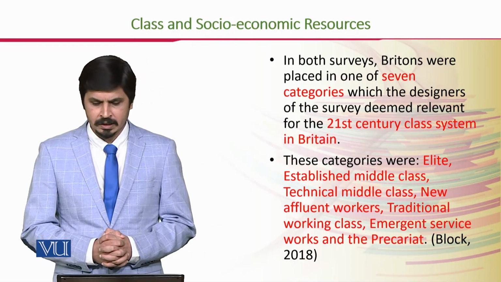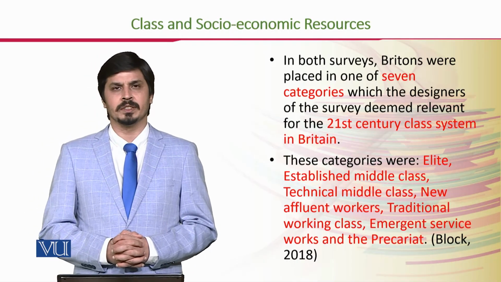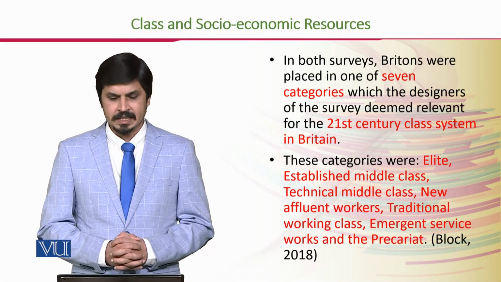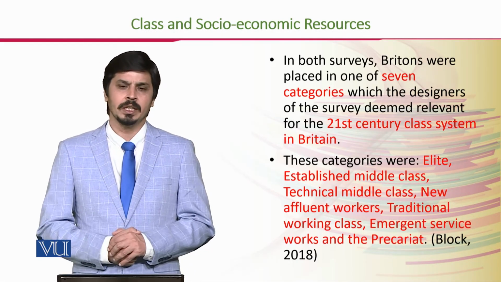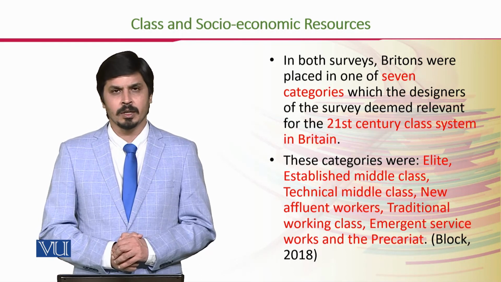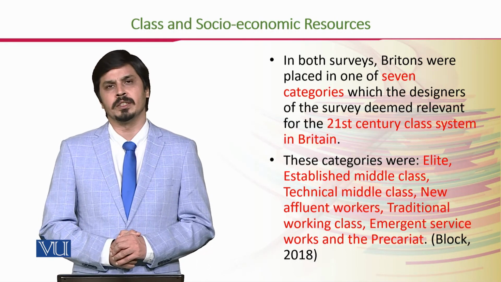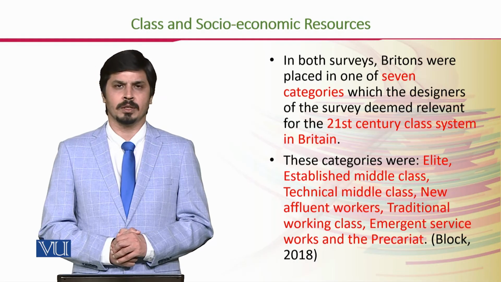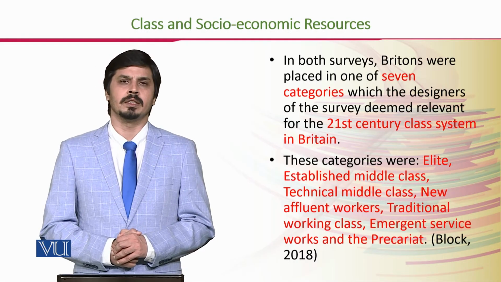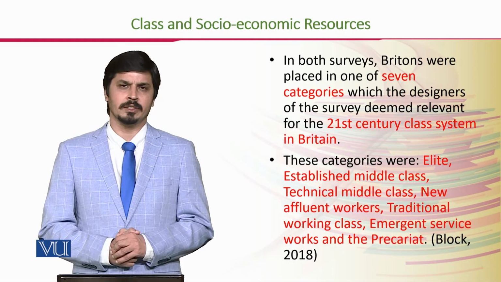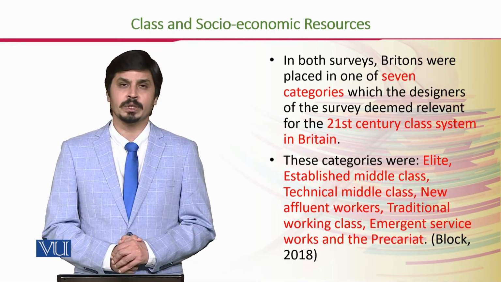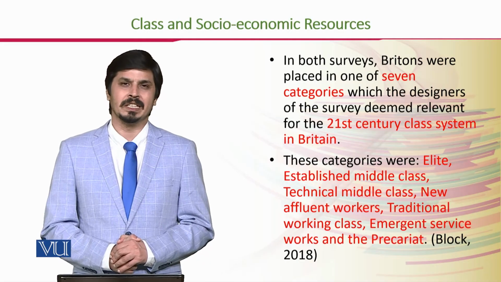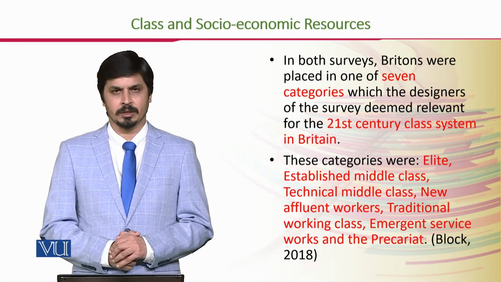If you just look at the list of these categories, these include the elite, which is obviously the highest stratum of the society, then the established middle class, which has been in the zone of the middle class for a longer period of time, and they regularly earn a handsome amount, which obviously is lesser than the one earned by the elite, but it is still better than many in the society.